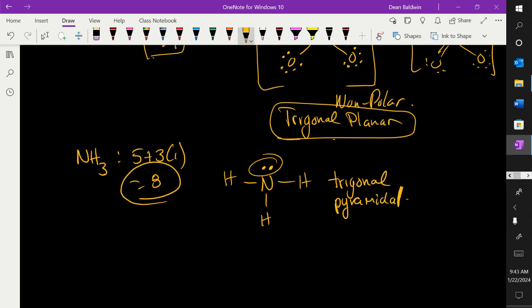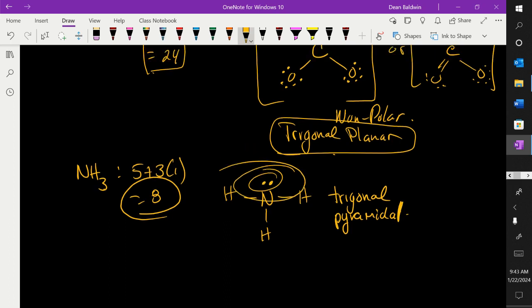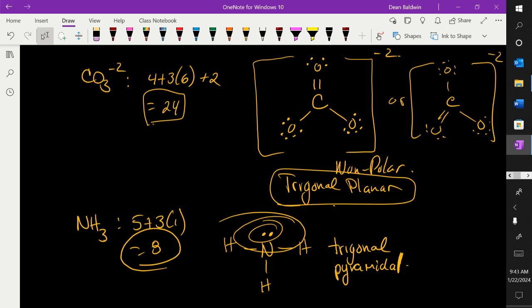And you know it's trigonal pyramidal if it has the lone pair of electrons. That's the difference between that one and this one. There's no lone pair of electrons here. Okay? So that's the difference. And so this is polar because no symmetry. All right?